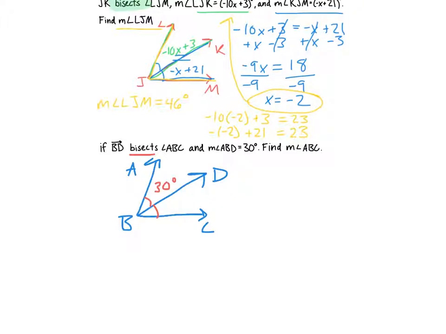Find the measure of ABC. So what do we know about DBC? That it's also 30 degrees. So how would we find the whole angle ABC? Add them. So the measure of angle ABC is equal to 60 degrees.